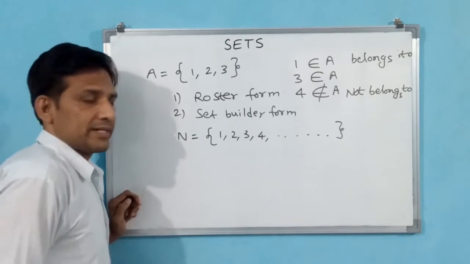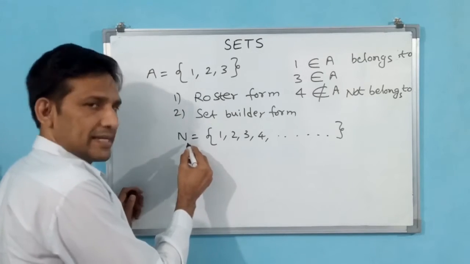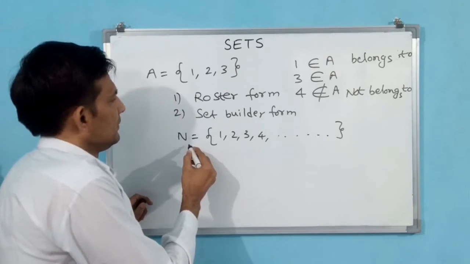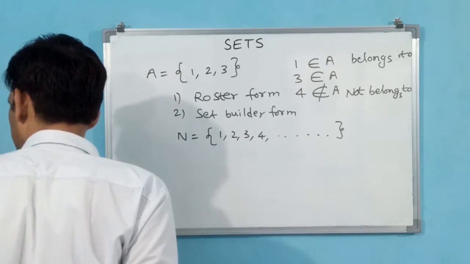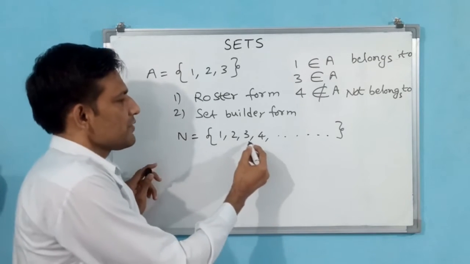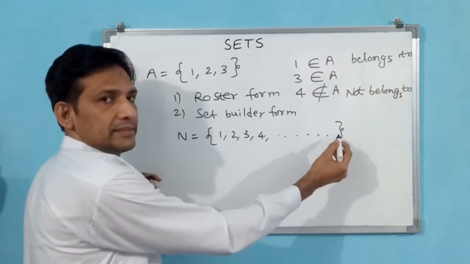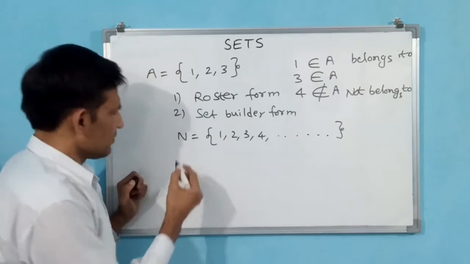That is also important. You should write the roster form of a set like this. N = {1, 2, 3, 4} like that, up to infinity.